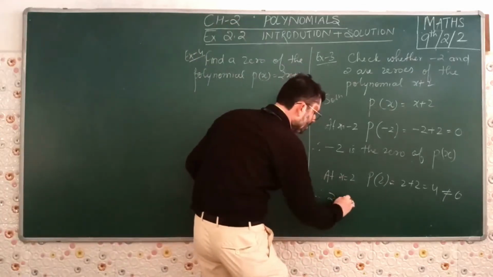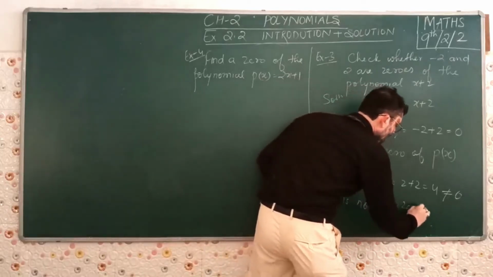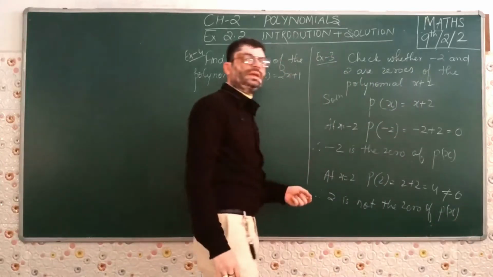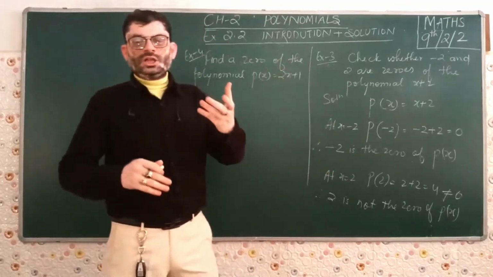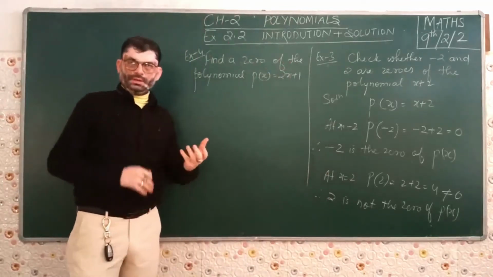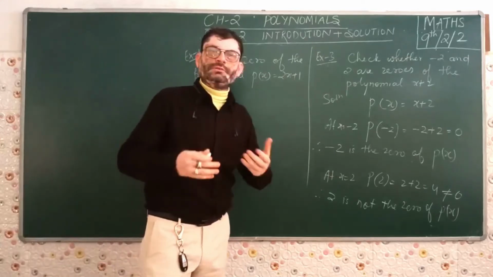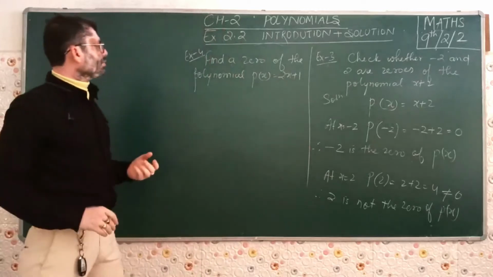Therefore, we can say 2 is not the zero of the polynomial that is given to us as p of x. In other language, the zeros are also known as the roots of the polynomial. But zero of the polynomial is frequently used in polynomials. Moving on to the next question.